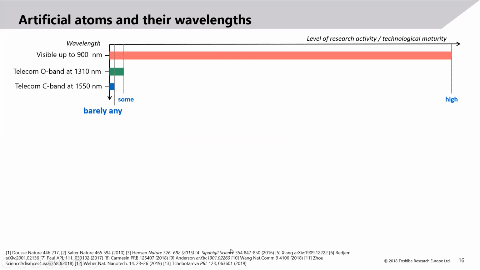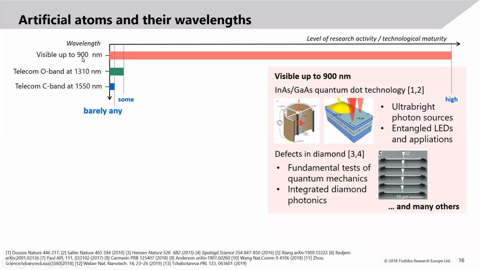Just to quickly show you what options we have to develop C-band photon sources. You all know probably that a lot of single photon sources have been developed for the visible and near infrared range of the spectrum. So this includes quantum dots in various systems. This includes defects in diamond, which have enabled lots of cool things, and also a whole host of new 2D materials and different things we can think of.